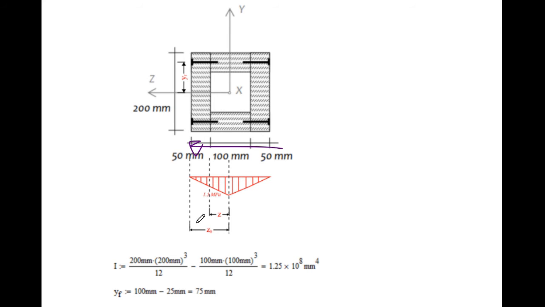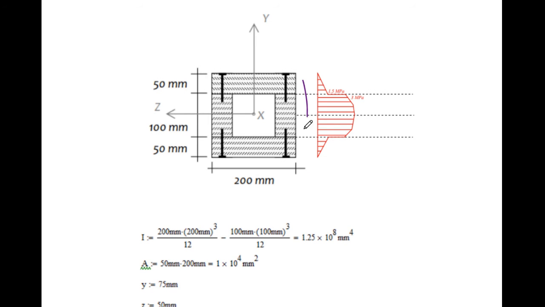Along this direction the variation will be linear, and along this direction the shear variation will be something like this one.